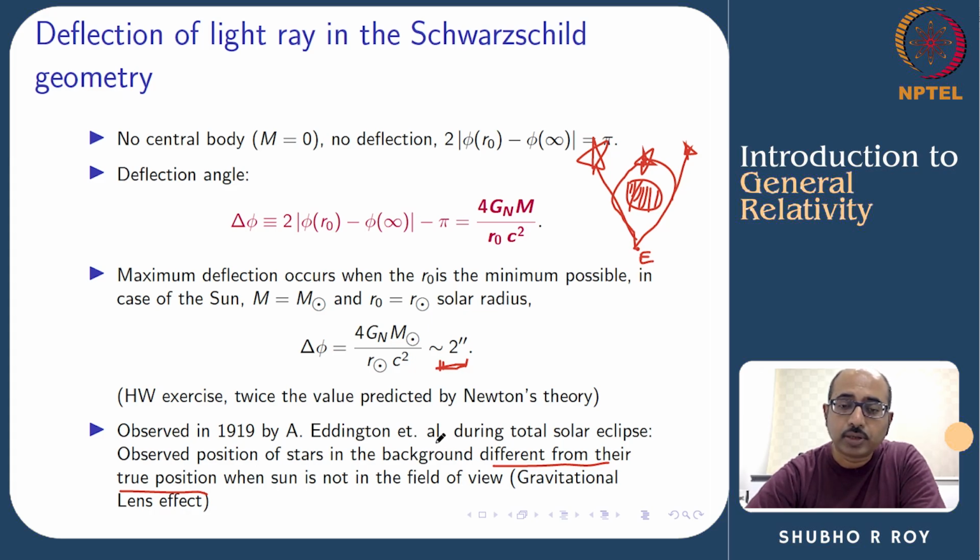And it catapulted Einstein and general relativity to instant stardom and instant success. As an experiment, it is very difficult to perform, and also the errors are pretty large. Especially, you need to work with the optical telescope, and this is not an easy experiment to do.